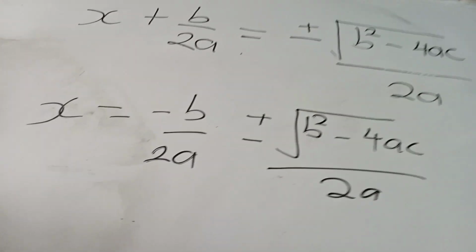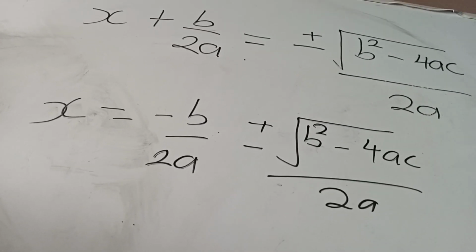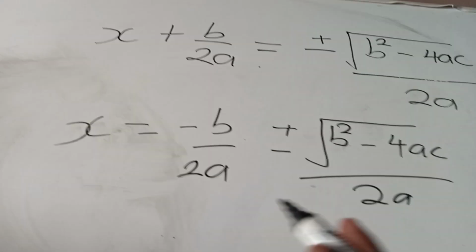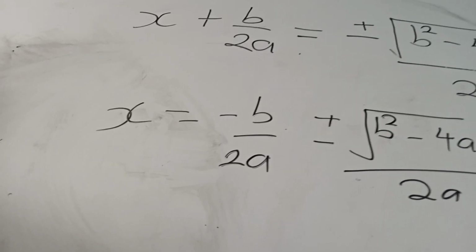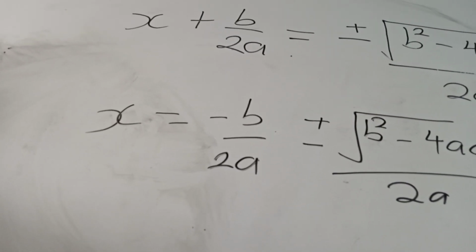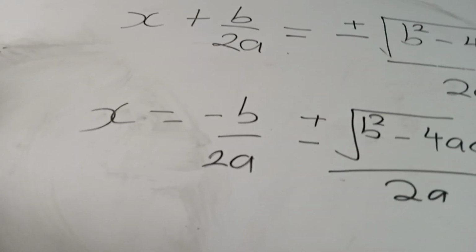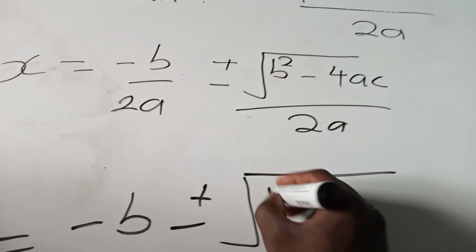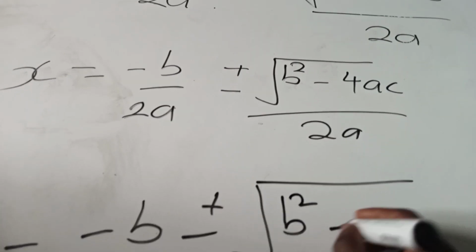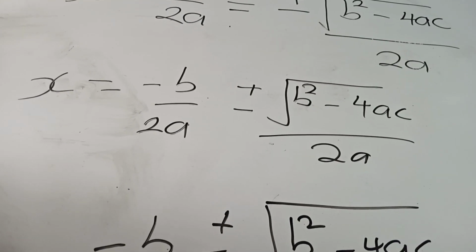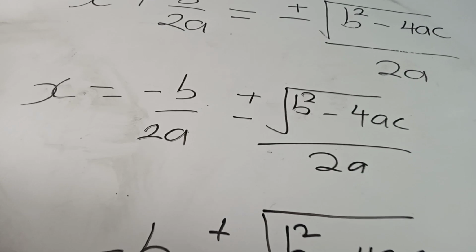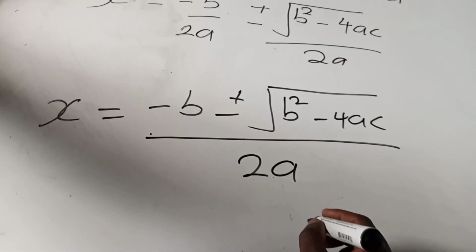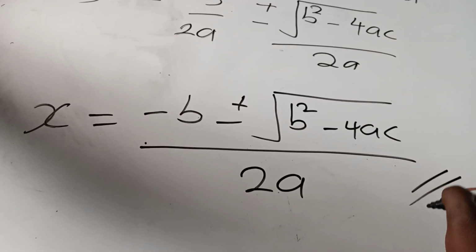With our normal addition and subtraction, they are all carrying the same denominator, so we take one. So the final answer will be x is equal to minus b plus or minus root of b squared minus 4ac all over 2a, and this is our quadratic formula.